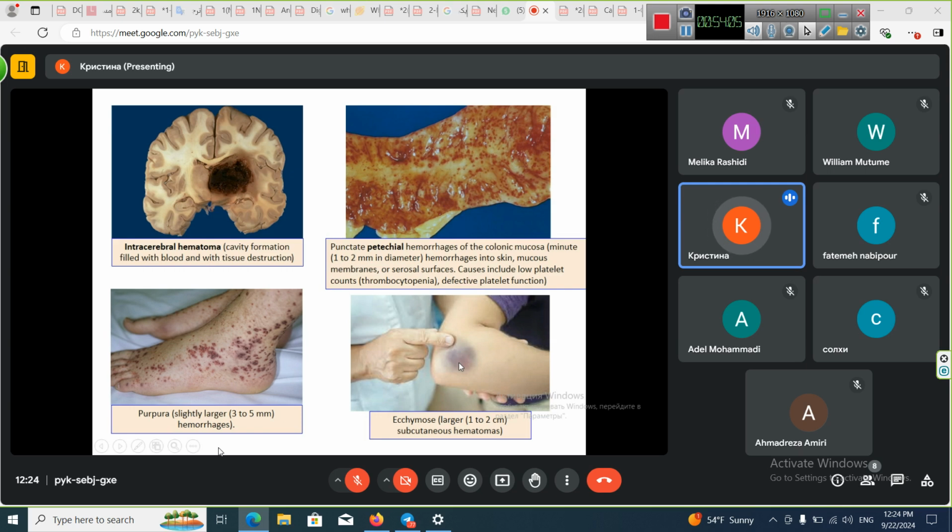The color of ecchymosis will change from red, then to blue, then to green, and then to yellow because of transformation of hemoglobin into hemosiderin and other forms, until it is taken away from here with the help of macrophages, which will come to this area and eat the dead erythrocytes.